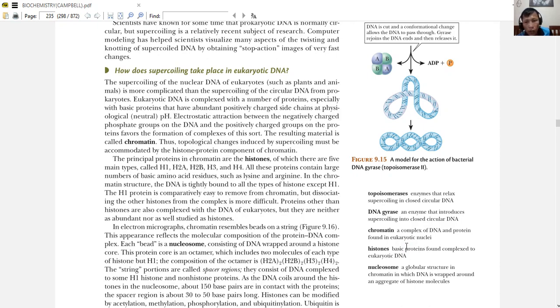I think histones really are the ones that hold your DNA so that it can stay intact, so it can place itself more neatly, more tidy, not scattered. That is the word. Forgive me for really lacking vocabulary, of course. Histones, and then you have nucleosome.